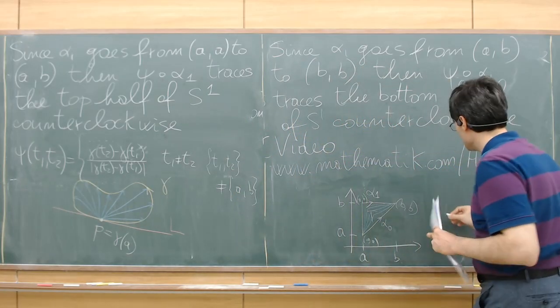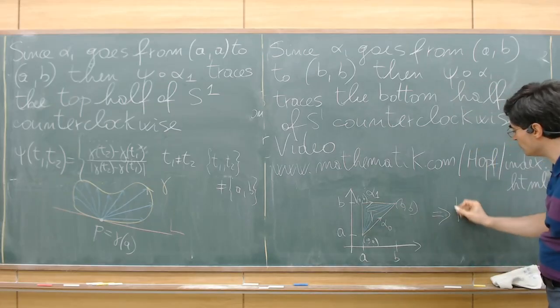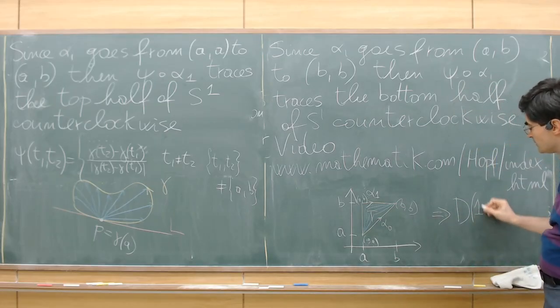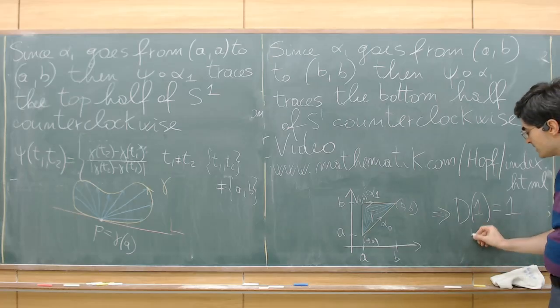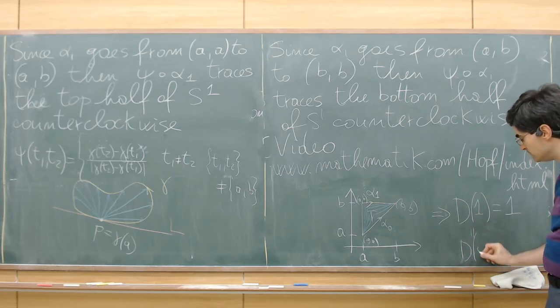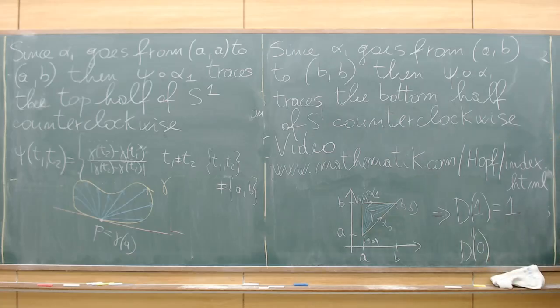So this implies that d1, which is the degree of this function, is exactly 1. But d1 coincides with d0, which was the rotation index of my curve.